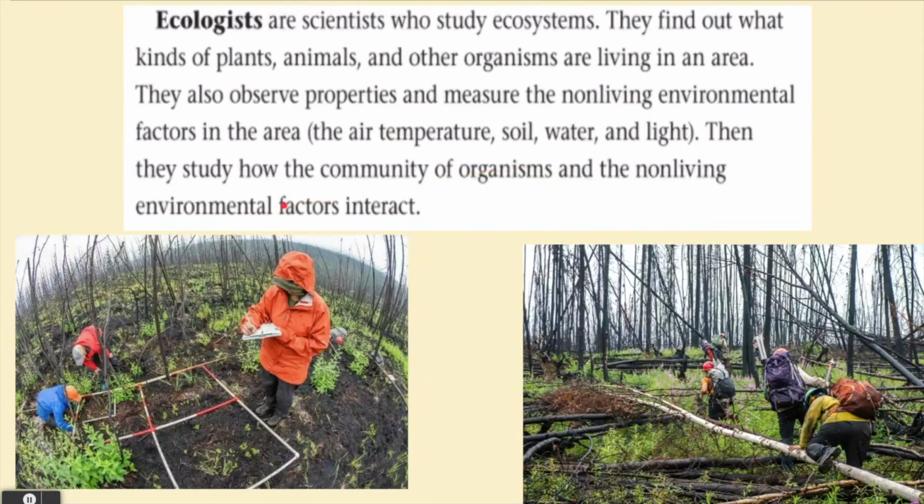Then they study how the community of organisms and non-living environmental factors interact. So ecologists are scientists that study nature to see how non-living things and living organisms interact in an environment.